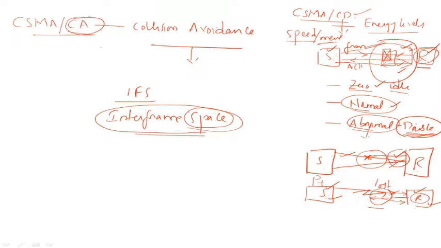Because once an interframe space is sent from the source station to the receiver station, not only is the channel, the wireless media, not idle, but we also alert the receiver station so that it waits for some amount of time. How much time it waits is the interframe space. This amount of time we maintain.